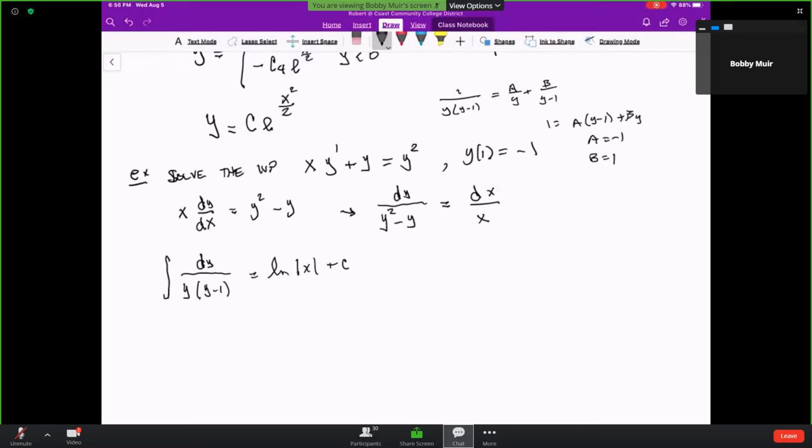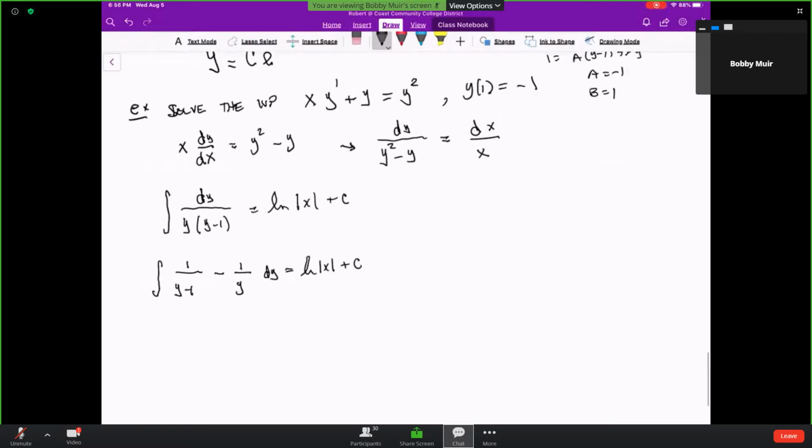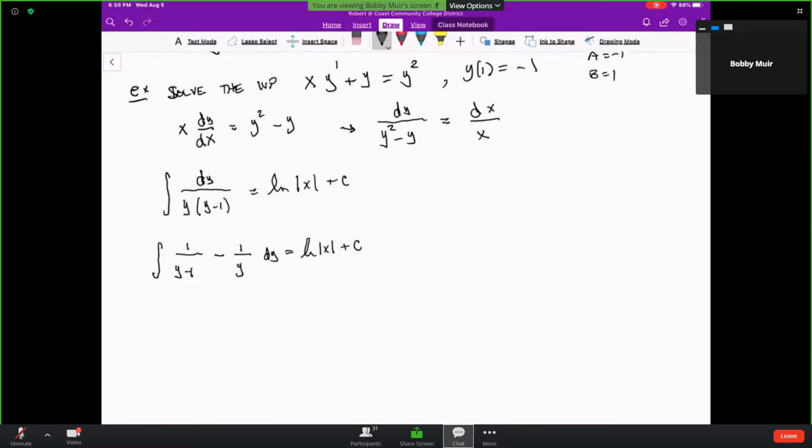Okay, so it's the integral of 1 over y minus 1 minus the 1 over y dy. This equals the integral of dx over x, the natural log of the absolute value of x. And I'll integrate this stuff.